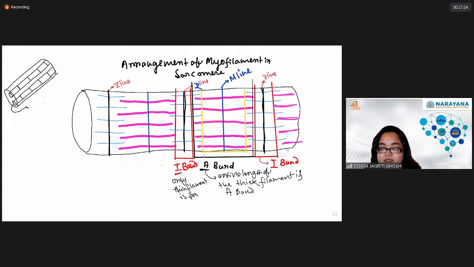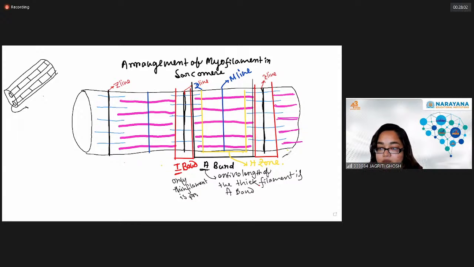This area is called the H zone, where I will write that. This is the H zone where only thick filament is present.